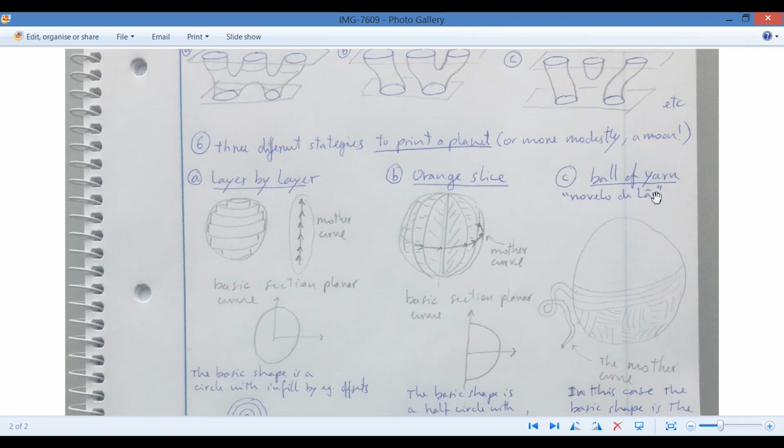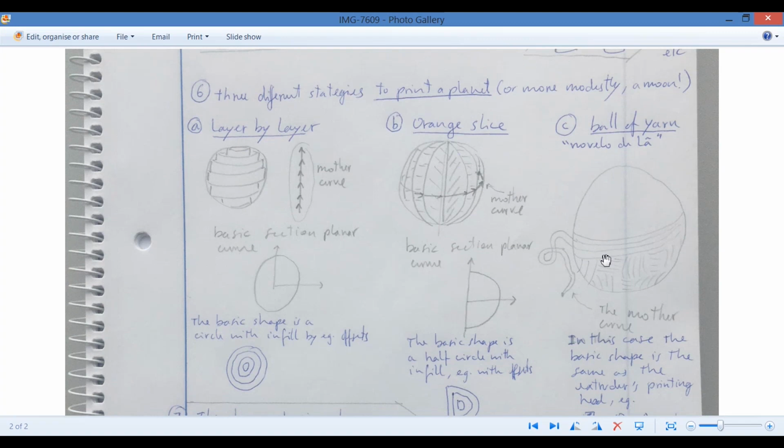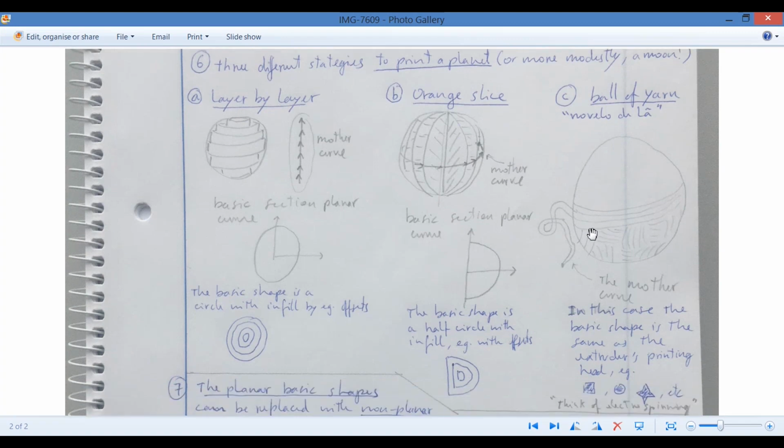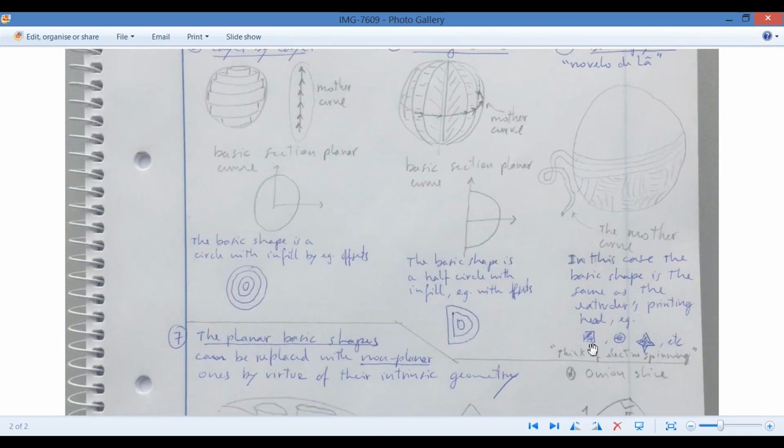Well, we could also consider a ball of yarn. I actually had to look up how to translate it, because in Portuguese, it's novelo de lã. And so in this case, the mother curve is the real line of the yarn. So it's kind of everything is encoded into the mother curve, so that the basic shape, in this case, is just the shape of the extruder head, which can be a box, a circle, whatever.